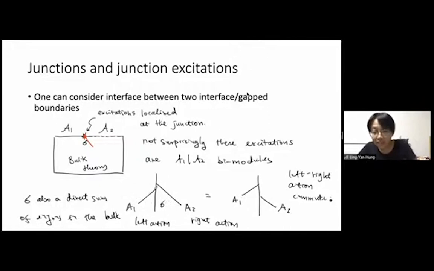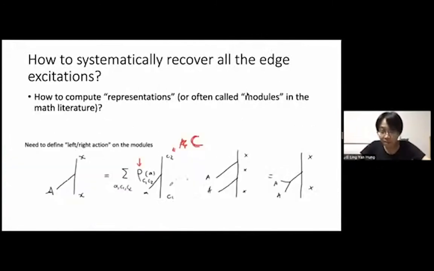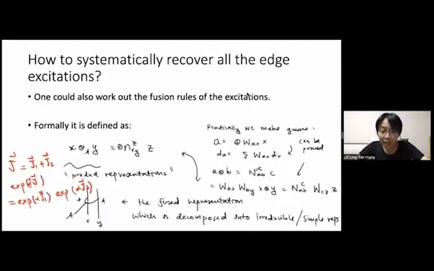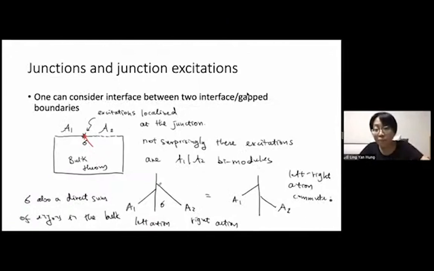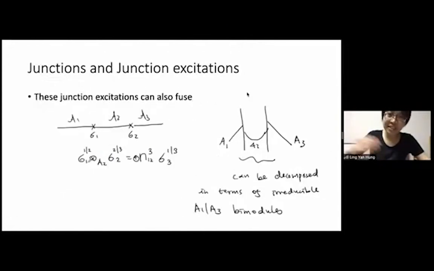Each of the left action and the right action individually have to satisfy the representation property that I discussed here, except that being a bimodule, the action of A1 and A2 have to commute. So this allows you to systematically work out all the representations localized at the junction as well. So the mathematics of tensor category just helps you to organize all of these physical data in a very simple way.